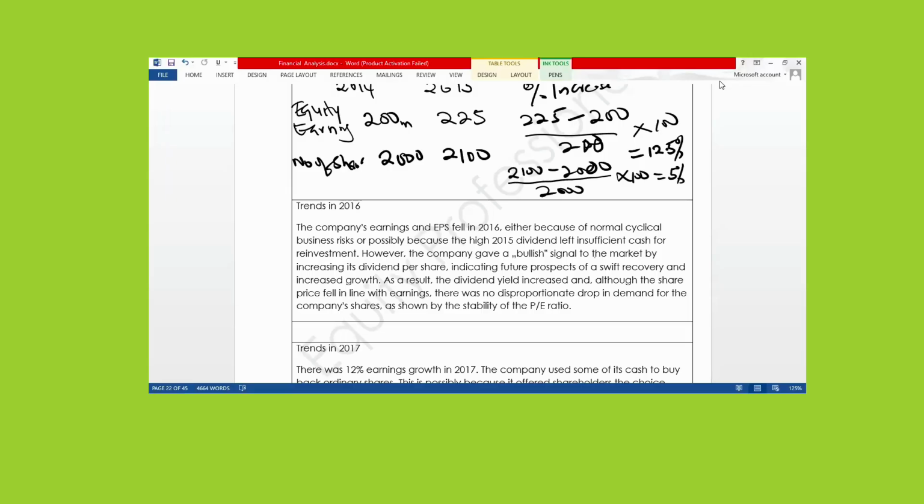Although share price fell in line with earnings, demand for the company shares remains unchanged. This explains the stability in price earning ratio.